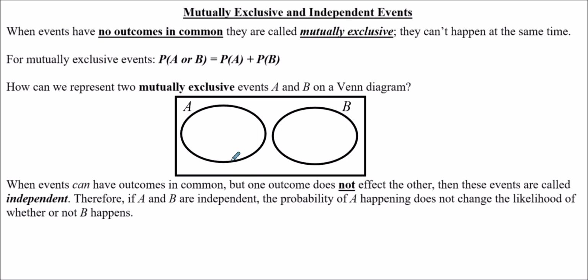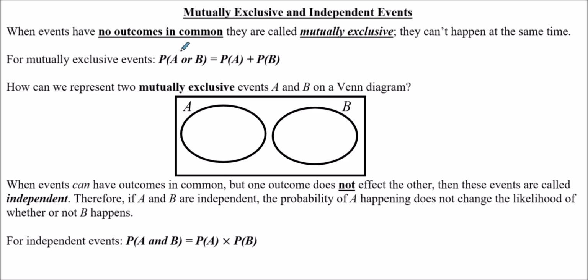So a test for if two events are independent is this. The probability of A and B is the probability of A multiplied by the probability of B. If the probability of A and B doesn't equal this, then the two events are not independent. In other words, the events would be dependent.